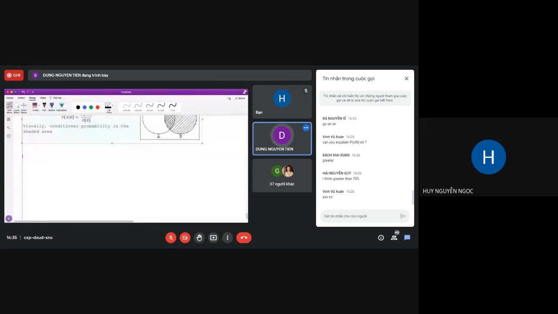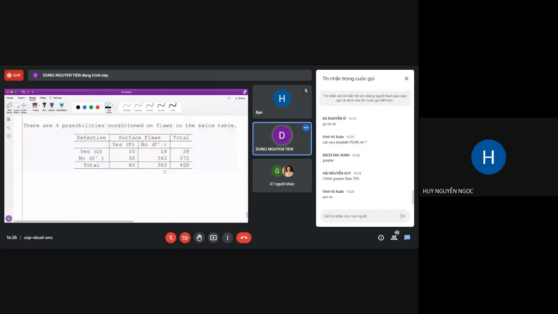All right, let's consider the following example. Suppose that there are 10 defective items with surface flaws, 18 defective items without surface flaws, 30 non-defective items with surface flaws, and 342 non-defective items without surface flaws. So altogether, there are 400 items.